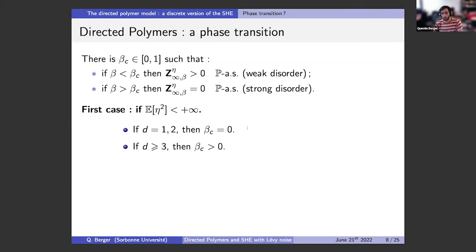You can think about that as having no phase transition and being always in the strong disorder phase. On the other hand, in dimension d larger than 3, the beta critical is strictly positive. So you do have a phase transition. It's actually not that difficult to prove these two results. This is done by second moment computations, let's say.